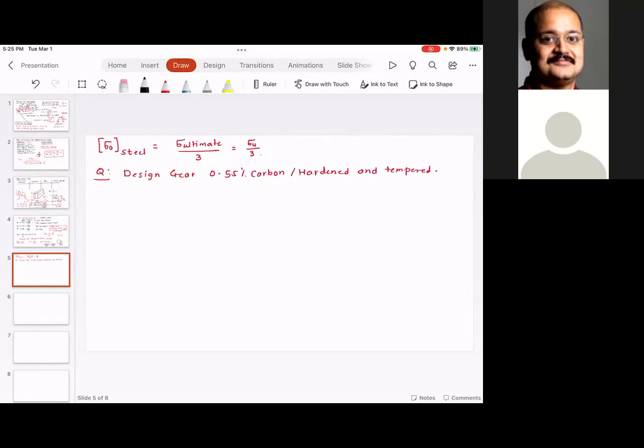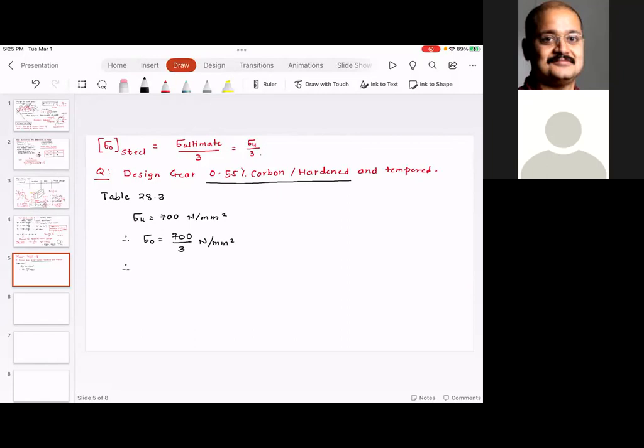Step number 1, go to table 28.3, locate 0.55% carbon, harden and temper, and you see that its value is 700 Newton per millimeter square. From here, you would find sigma O as 700 divided by 3 Newton per millimeter square.